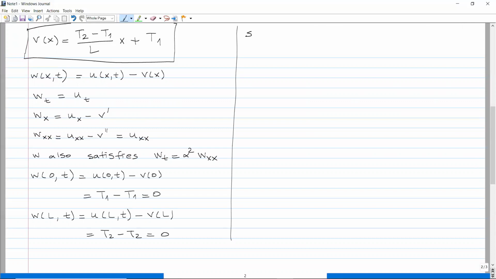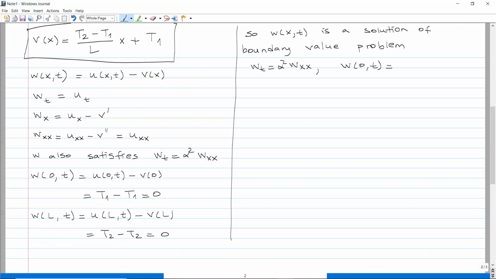Okay, so w(x,t) is a solution of a boundary value problem: w_t equals alpha squared w_xx, with w(0,t) equals w(L,t) equals 0.